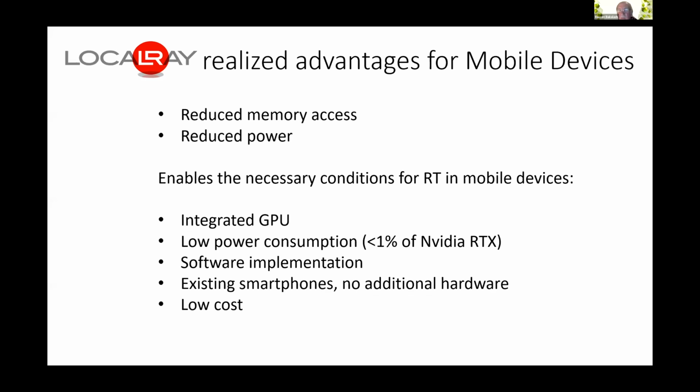NVIDIA RTX consumption is about 250 watts. We can run mobile ray tracing with about 2 watts, 3 watts. As I said, it enables software implementation. It can run on existing smartphones. No additional hardware is required. And of course, low cost.